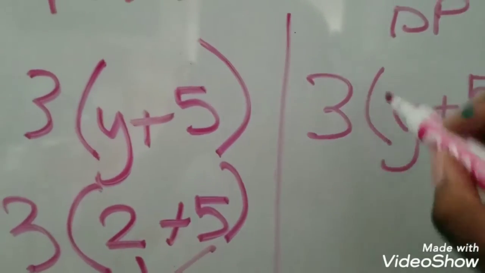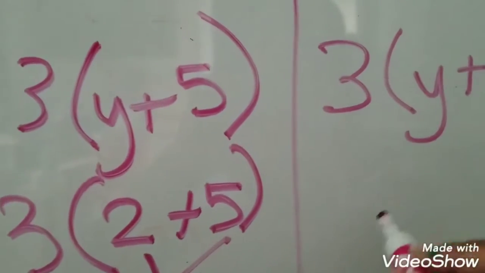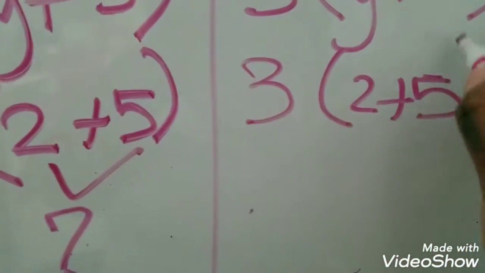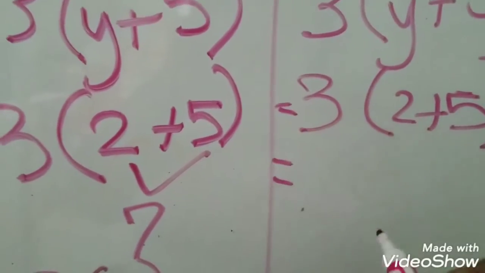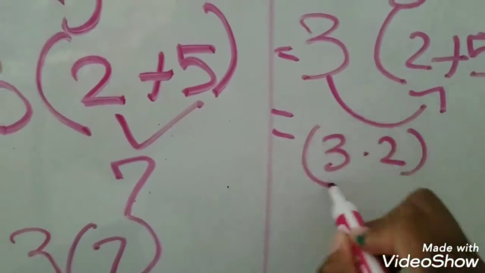Y still equals 2. So you want to go ahead and just replace your y now? We can do that. Very good. So put 3 times 2.